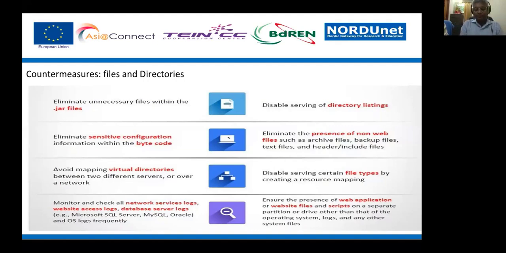In the server, please try to eliminate this type of files. Don't put archive files or backup files in the same server, and the attacker can easily attack a text file. So make sure you are not putting text files, header files, or include files in your server. And disable serving certain file types by creating a resource mapping.